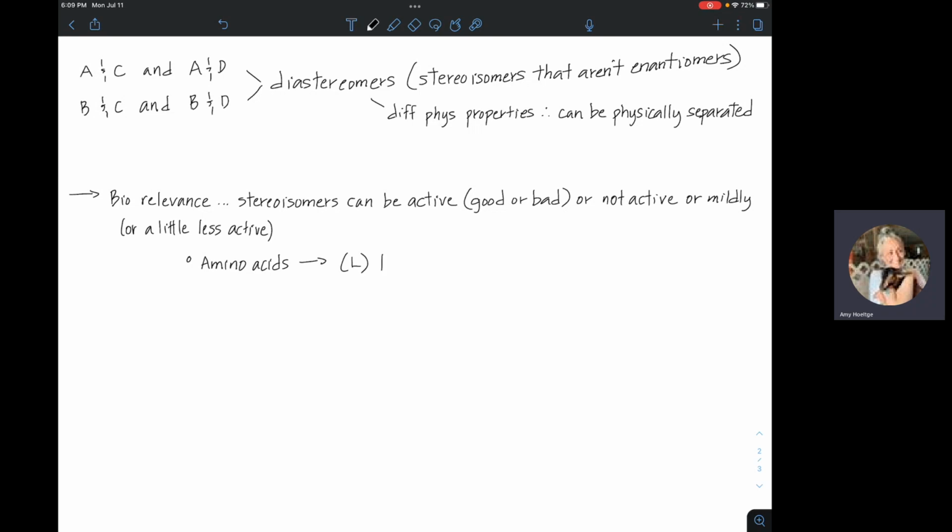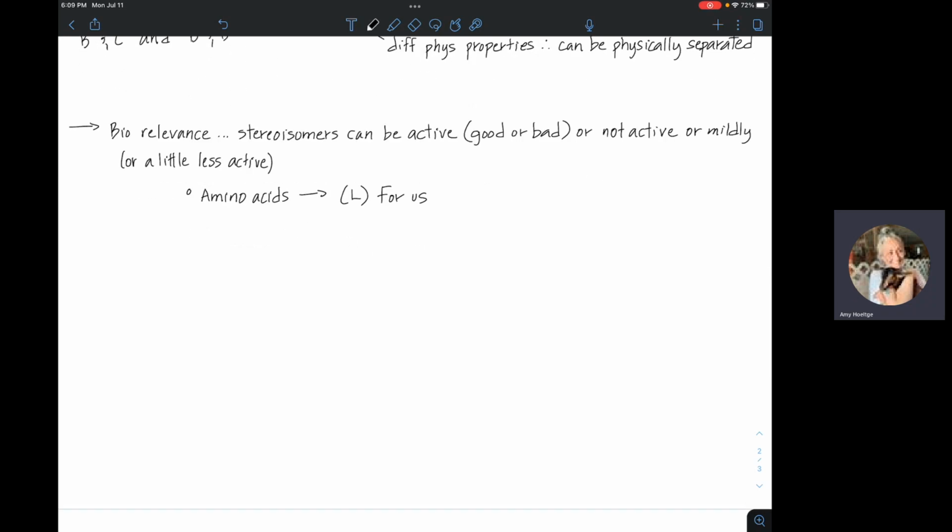So this would be for us, right? Some other creature, like bacteria, for example, may use the D. Sugars, so carbohydrates, for us, D.